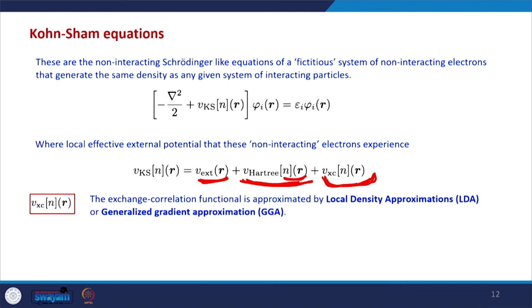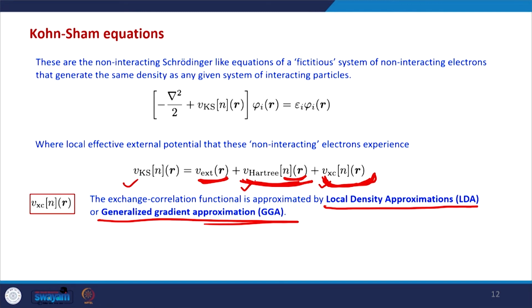Exchange correlation is a more difficult one, and there are multiple approximations to calculate this exchange correlation component. The two most popular ones are the local density approximation, LDA, and generalized gradient approximations. I am not going into the details of these approximations in this class, but from these we can calculate the exchange correlation component in the Kohn-Sham potential functional.